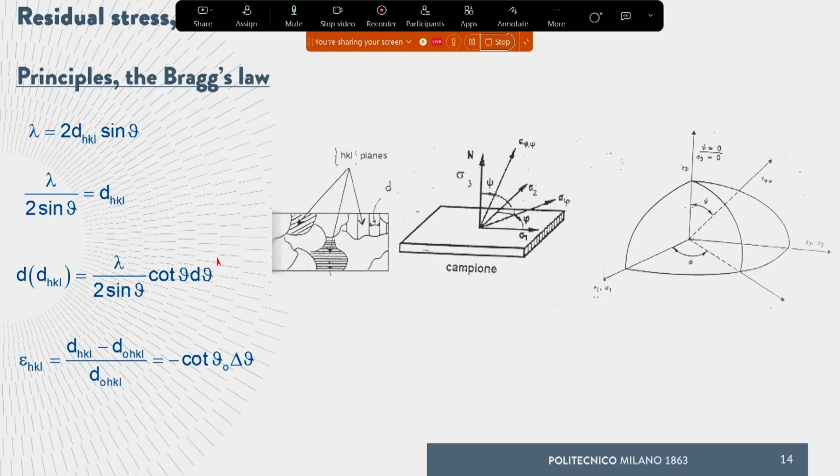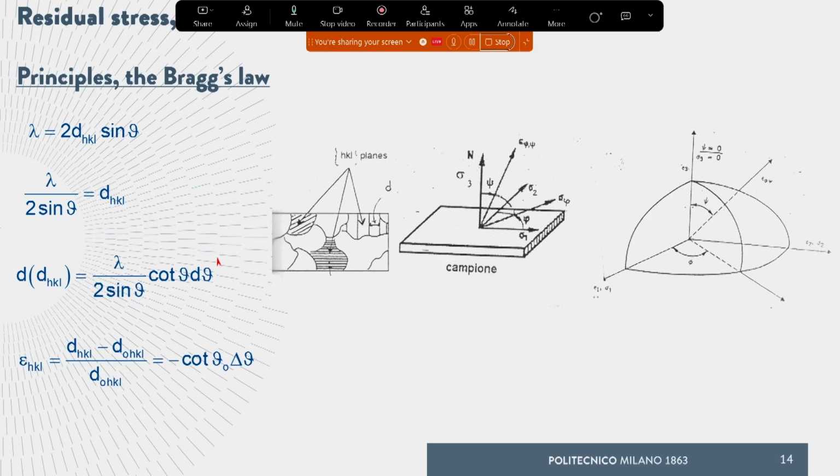So we can write that this lattice spacing is equal to lambda over 2 sin theta, and the derivative of the lattice spacing is equal to this quantity, simply by deriving the initial function in theta.